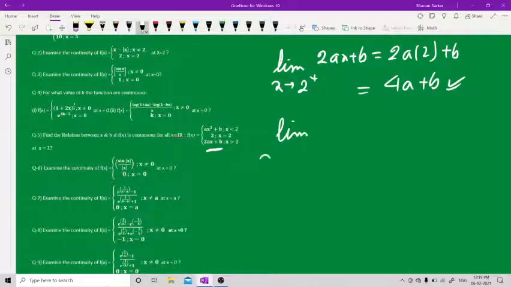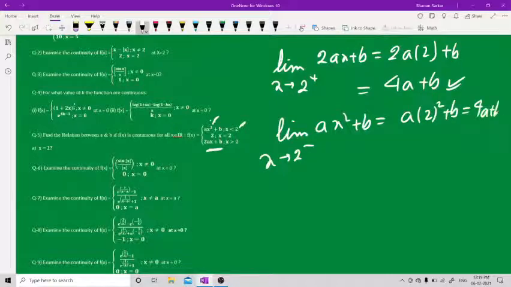Limit x tending to 2 minus, ax square plus b. For less than 2 you take this portion of the function, ax square plus b. This will be a into 2 whole square plus b, which gives me 4a plus b. Left hand limit and right hand limit are the same. Now f at 2 is coming out to be 2.